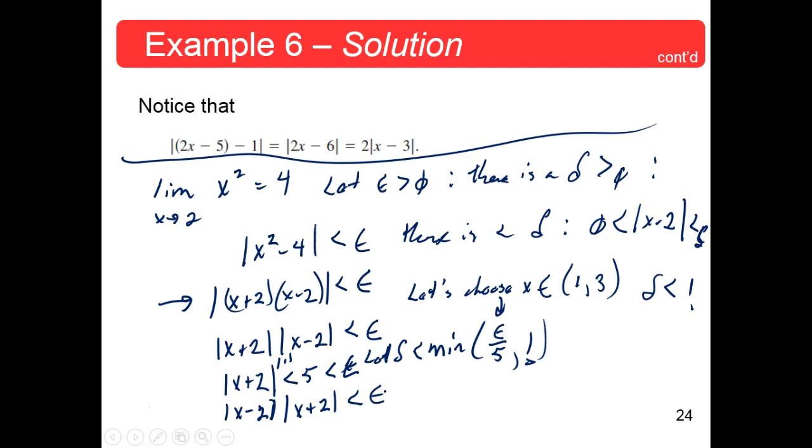We know that's got to be the case. Well, this one right here, if they wrote them in the right order, if it's 1, this is going to be epsilon over 5. And if it's 3, then this is going to be 5. And then the product of these two, the 5's cancel out, and you get epsilon.